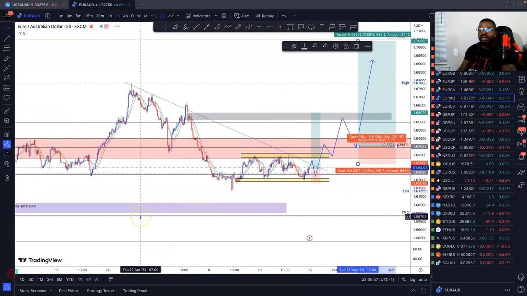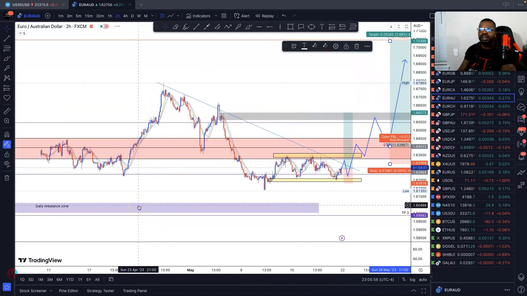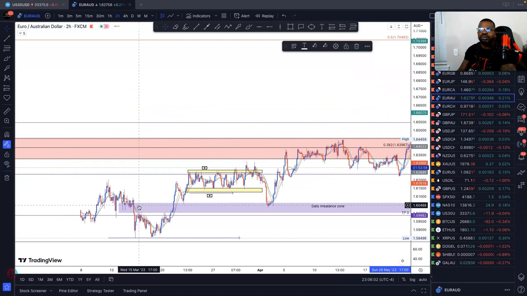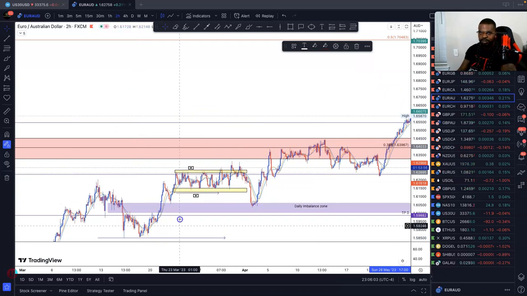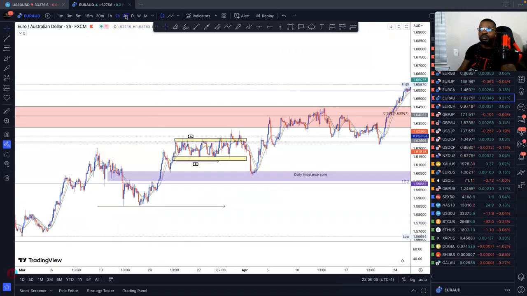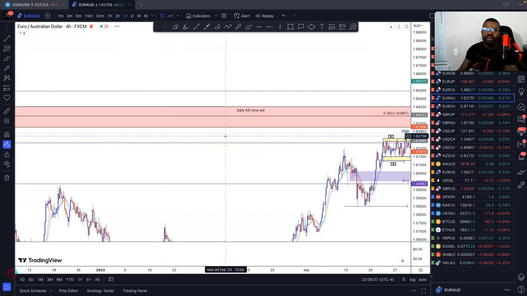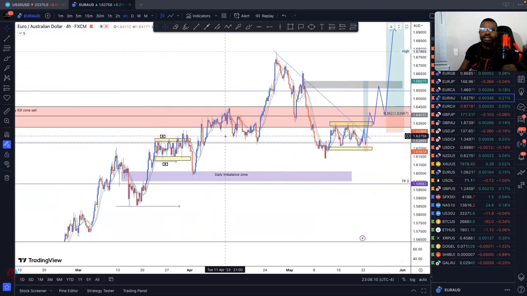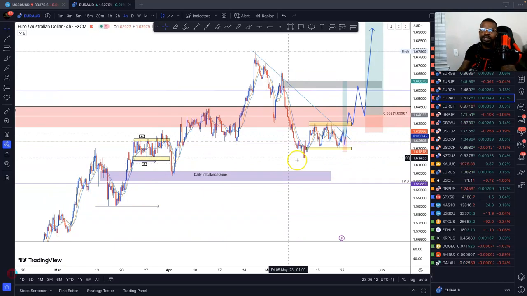Now, as far as this thing failing to break the highs, let's see where it possibly could go. Would have to break these lows.